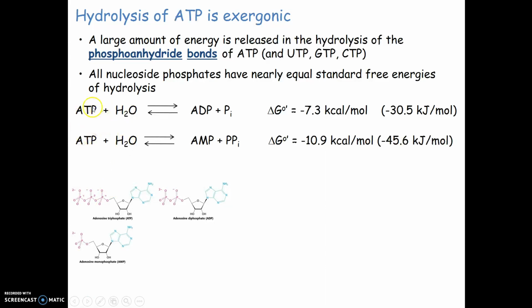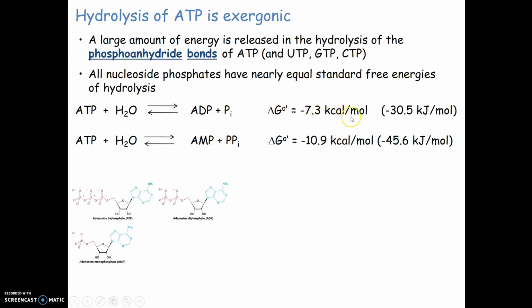But when we consider the overall summation of the energy that it takes to break these bonds versus the energy that was released when we made these bonds, we get an overall negative value, okay? And so from that, when we break one phosphate, we get negative 7.3 kilocalories per mole.